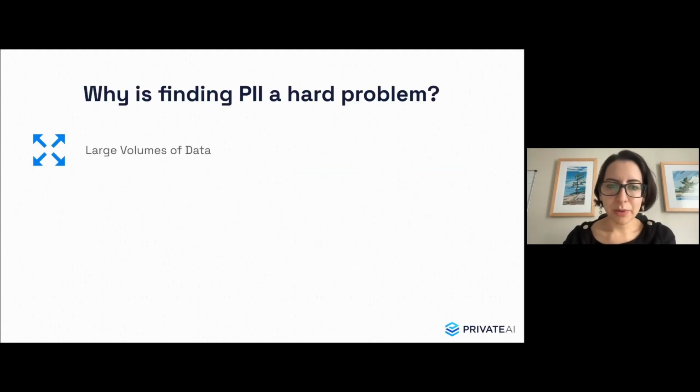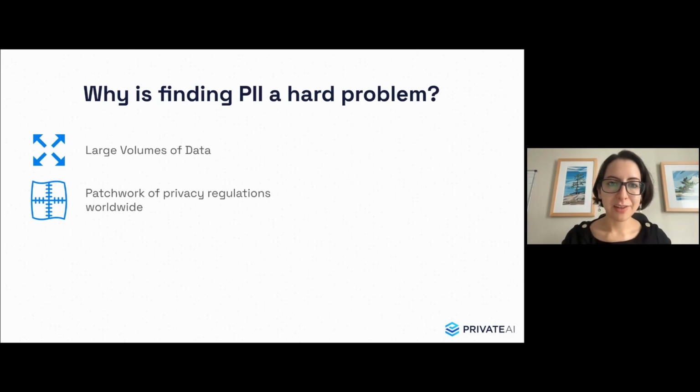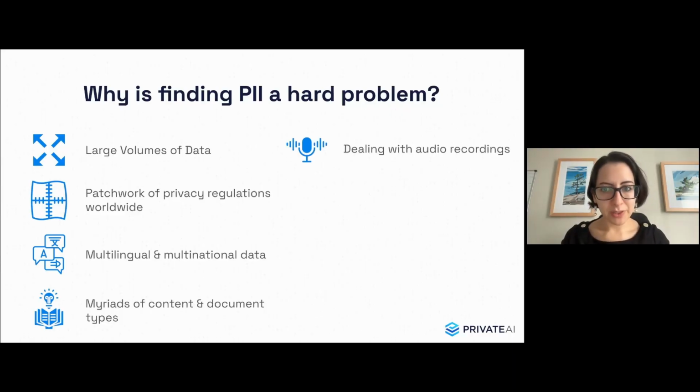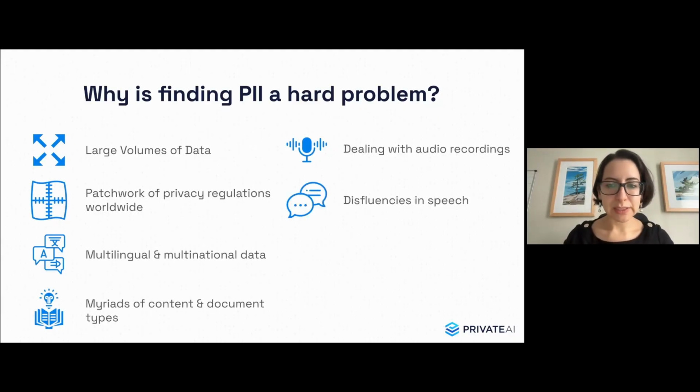And the reason this is a really hard problem is generally because you are dealing with very large volumes of data. You have that patchwork of privacy legislations. You've got this multilingual and multinational data. And you're also dealing with a lot of different types of content, a lot of different types of documents. You might be dealing with audio recordings where you might have disfluencies in speech.